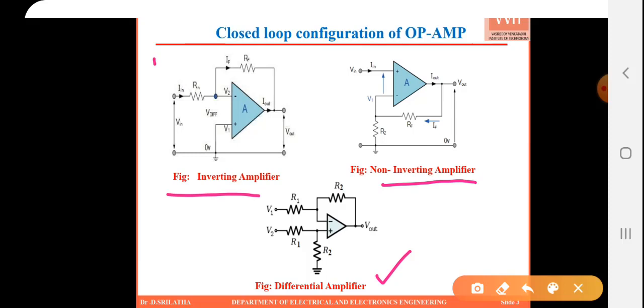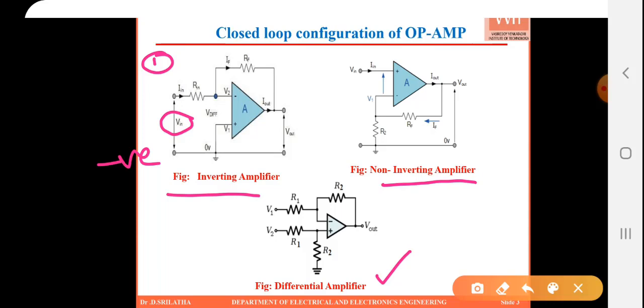Now in the first mode, the inverting amplifier, as the name itself says, the source will be connected to the inverting terminal, which is the negative terminal. So to this negative terminal I am going to connect the source as VIN.